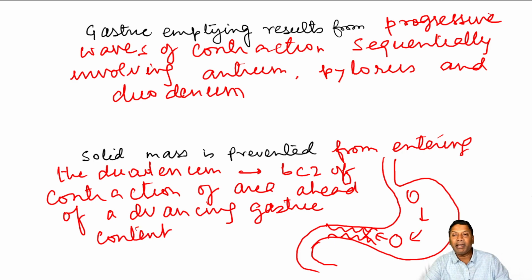The area which is ahead of this gastric content will contract and will prevent the passage of this gastric content into the duodenum. So this is how this is prevented.